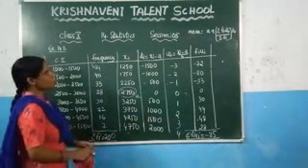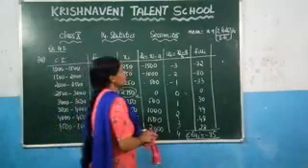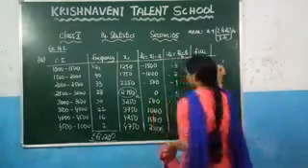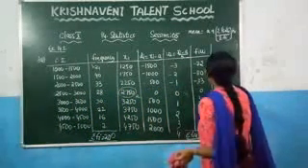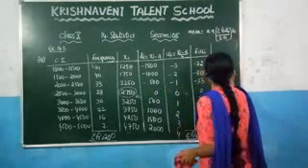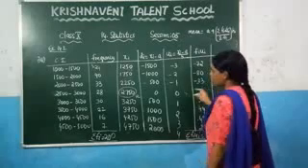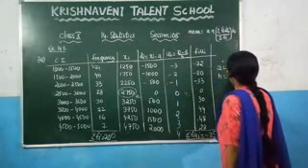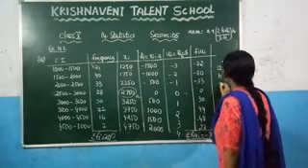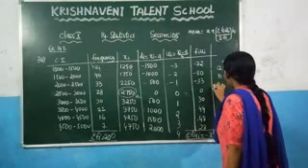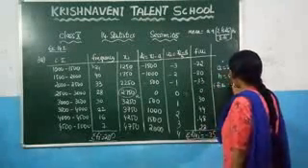Now we need to substitute those values here. So before that I am writing all these values here. What is the value of A? We got it here, which is 2750. And what is the class size here, which is 500. And what we need to know? Sigma fi ui. What you get here in this case, which is minus 35.